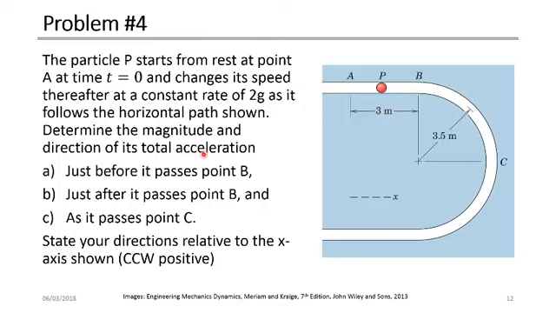So the total acceleration is required as a magnitude and direction in 3 different cases: just before it passes point B, so what is the magnitude and direction of the acceleration of the particle P just before it reaches point B? Just after it passes point B, so what is the total acceleration and the direction?